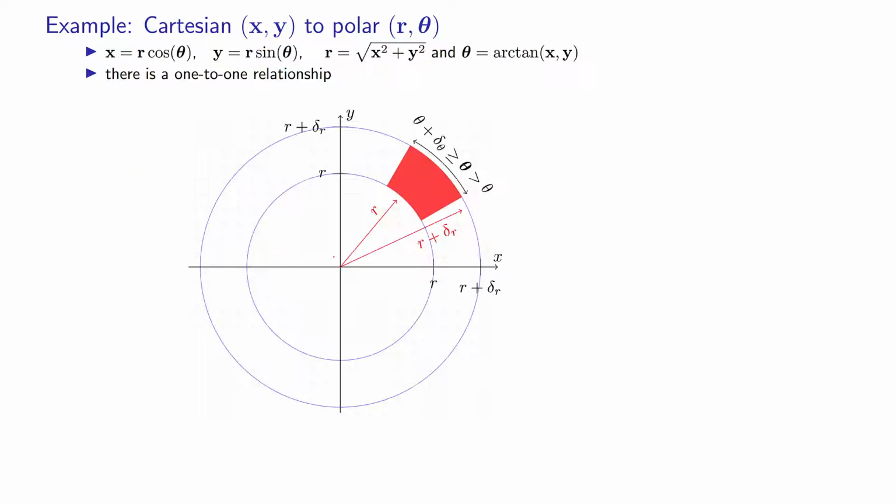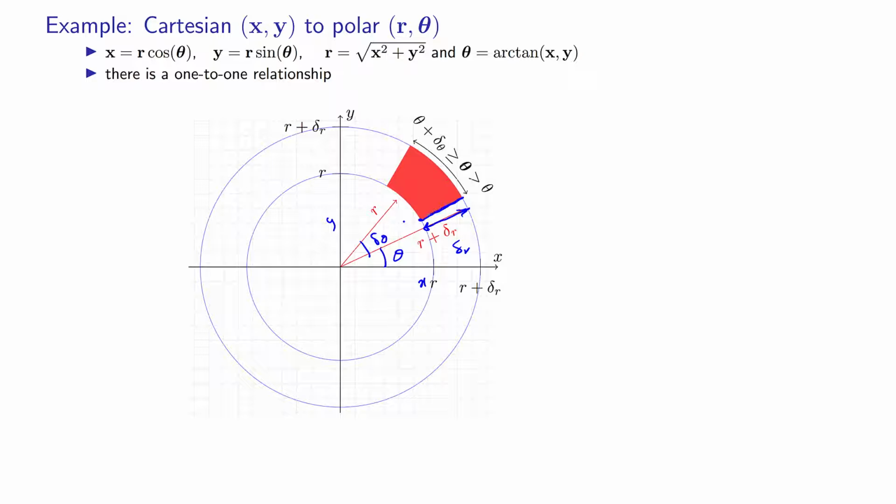So in this example, consider a point here. This is x, this is y, this is theta, and this distance is r. So what we can do is consider a small angle delta theta, and a small increase in radius of delta r. So from here to here is delta r.